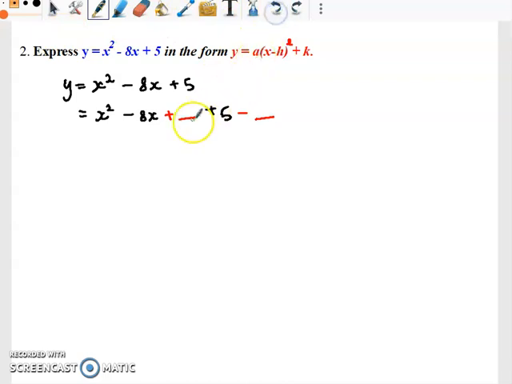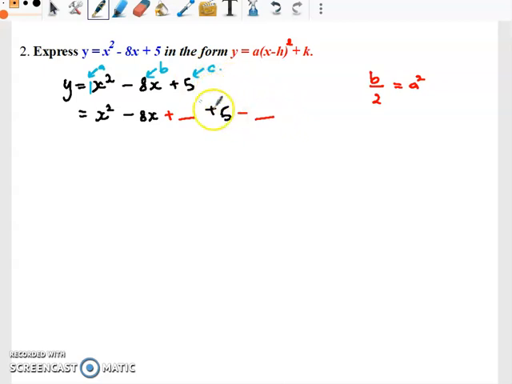Now, how can we find the mysterious number to go here? The rule says you should take b, divide it by 2, and whatever answer you get, if you name it a, you're going to square a. I just use the letters for examples. And if you recall what I explained in the first video, this term right here would be the a coefficient, b is the coefficient of the x term, and then 5 is the constant, c.